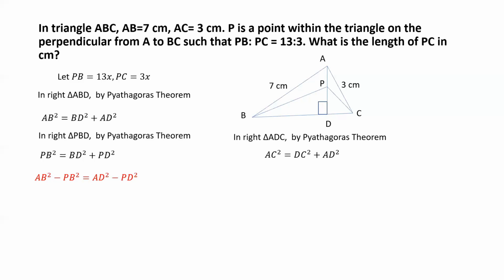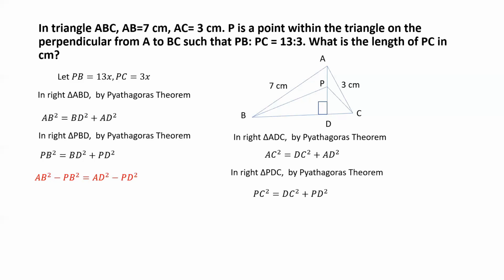So applying Pythagoras theorem, we have AC square is equal to DC square plus AD square. And similarly, there is a smaller right angle triangle there, triangle PDC, where PC is the hypotenuse, and again we apply Pythagoras theorem to obtain this equation. PC square is equal to DC square plus PD square.